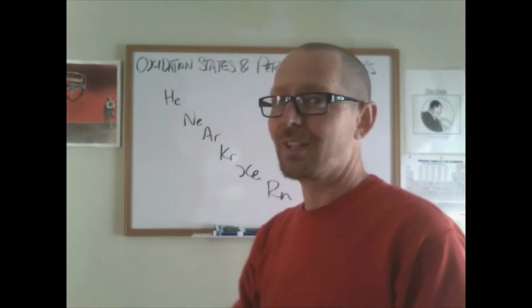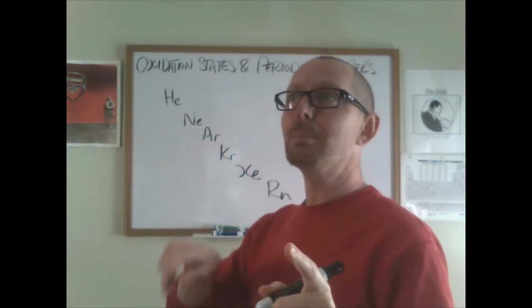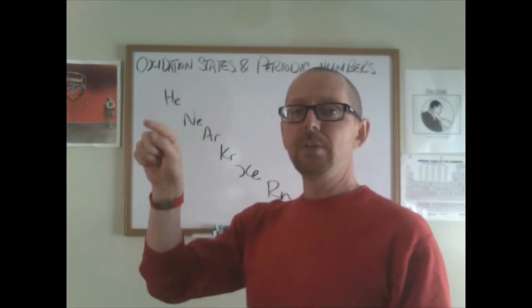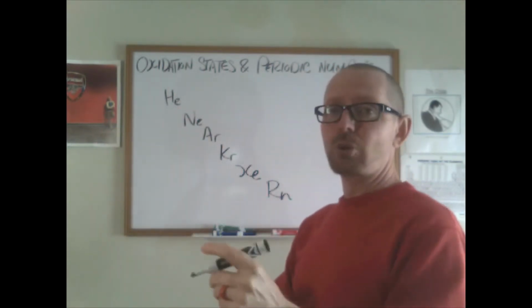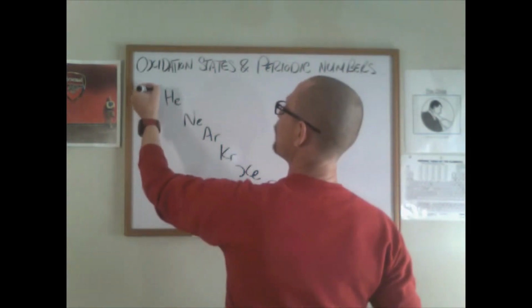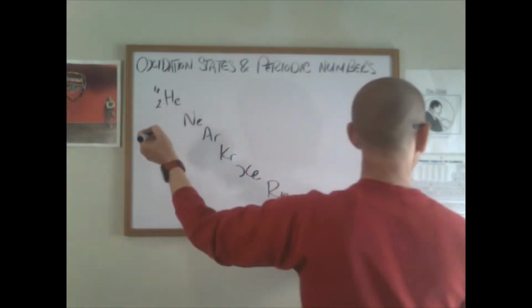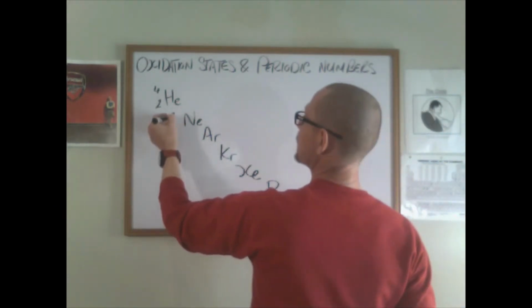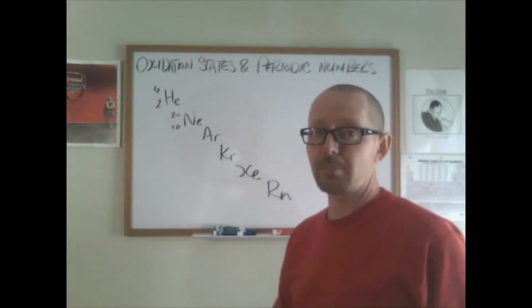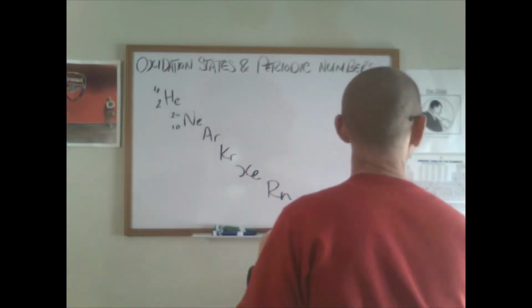Now the bit there is if we take a look at their actual atomic number, and the atomic number mirrors the number of electrons that each one of these species actually has. So if I do the nuclide notation, I'm going to go 4 over 2 He, and I'm going to go 20 over 10 neon, just consulting the periodic table just to make sure I'm correct.